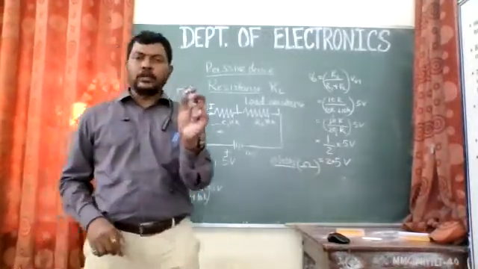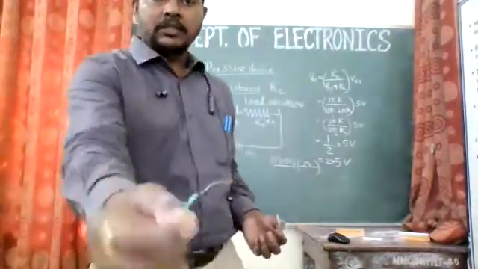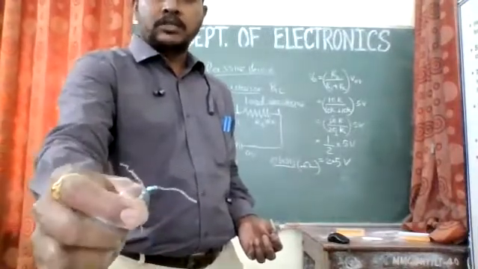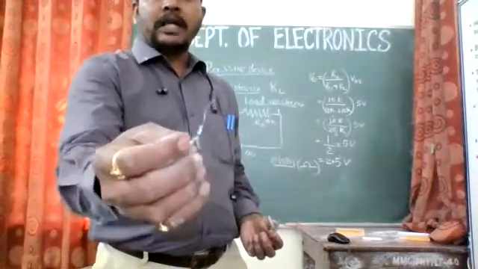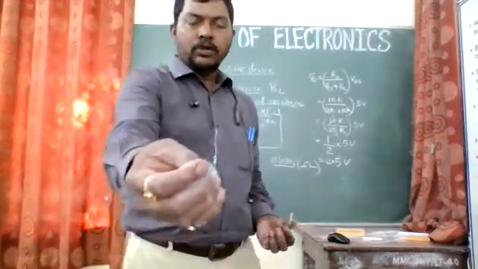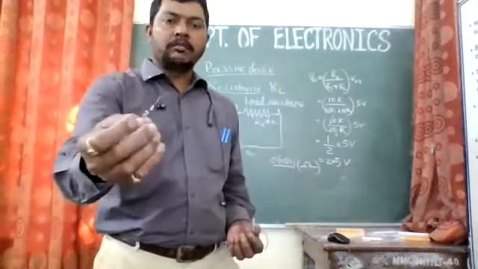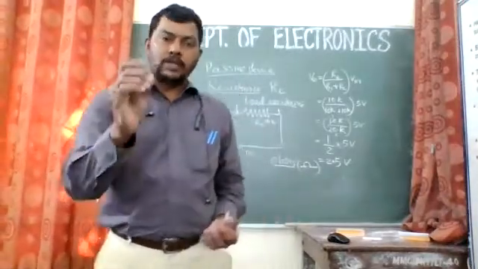The cost of each resistor is around 25 paisa, so rather than putting that particular load over there, we can use this. Even if it glows, it won't make much difference to us. So this is the resistance of that particular value.